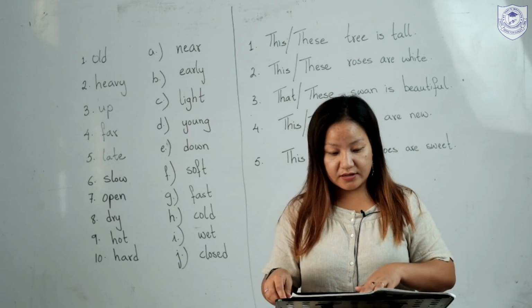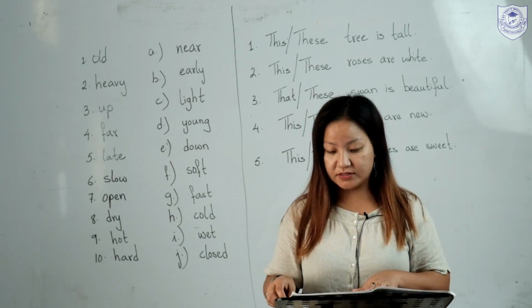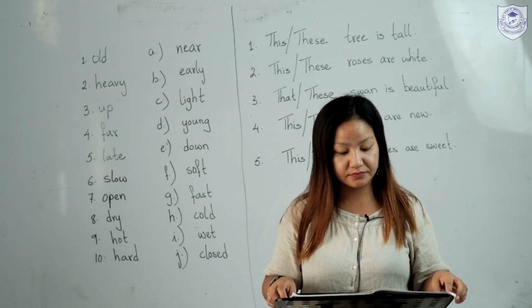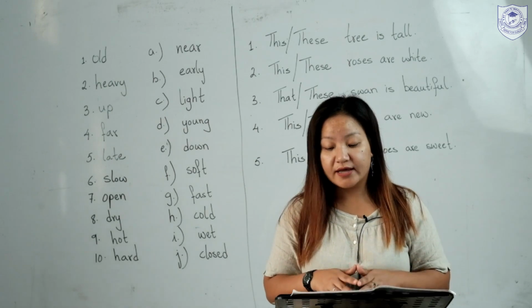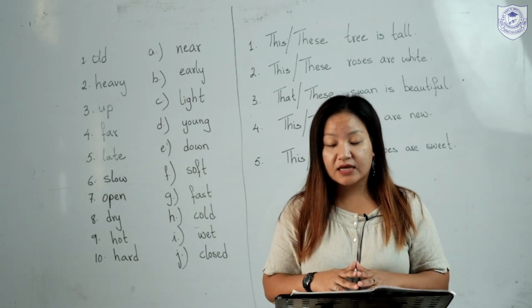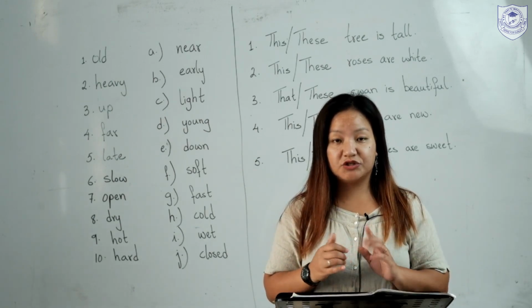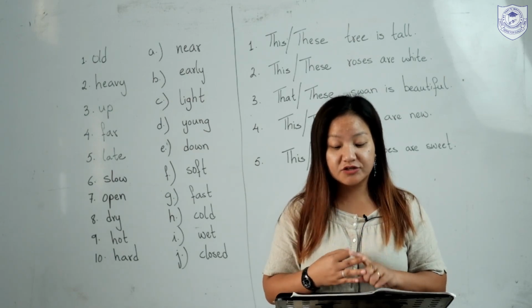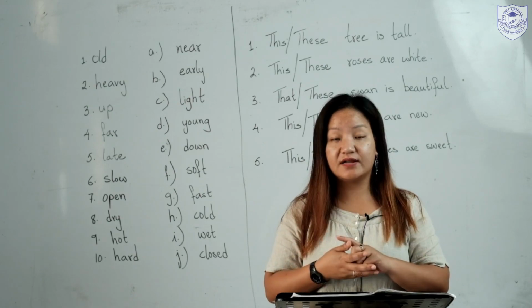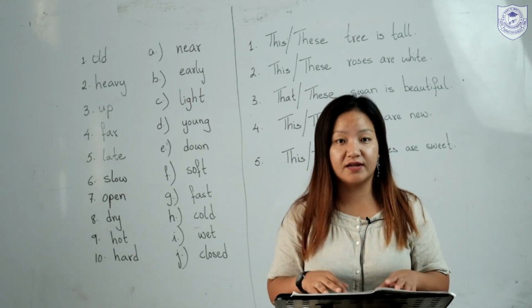So if you look at your textbook, turn to page number 23. Yes, and before that, adjectives tell us the shape of the noun, the color of the noun, the touch of the noun, the age of the noun, the feeling of the noun, the taste of the noun, the numbers of the noun, right?